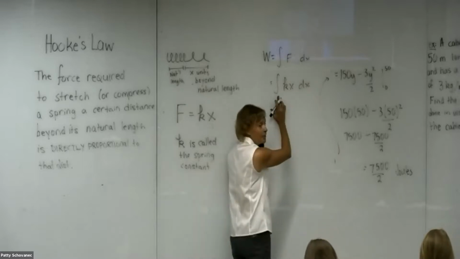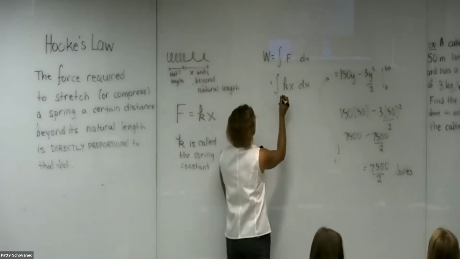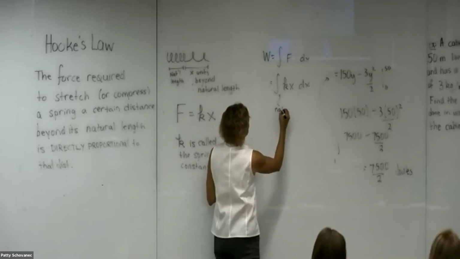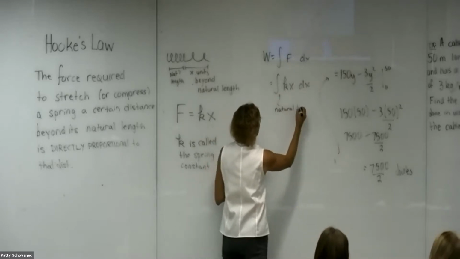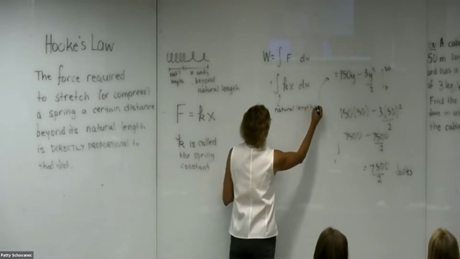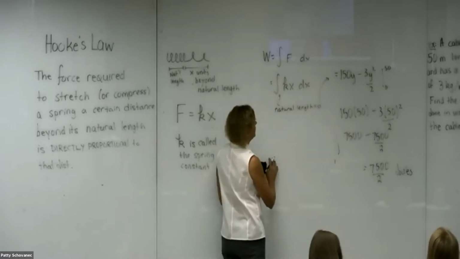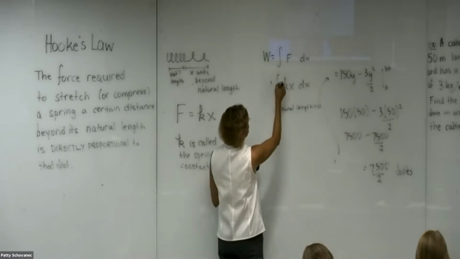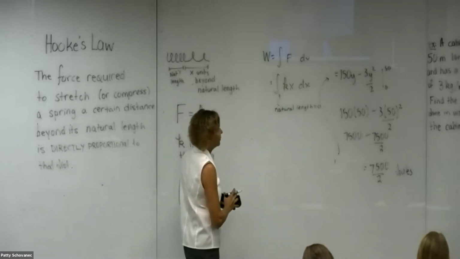The part being cut up is the part that's being moved, the distance beyond the natural length. So the limits go from x equals 0, the natural length, to whatever x is, the displacement beyond natural length.